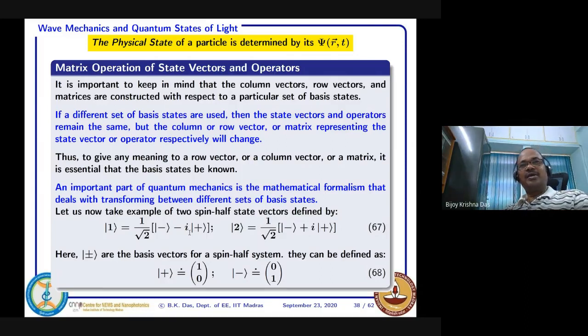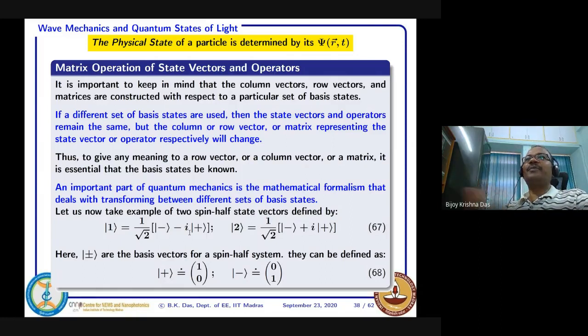But the thing is that the wave function is an abstract thing, and you can define basis states perfectly, or rather conveniently. I would not say perfectly; maybe sometimes it is perfect to you, or it may not be perfect to others, but conveniently you are just defining basis states, basis vectors, right?